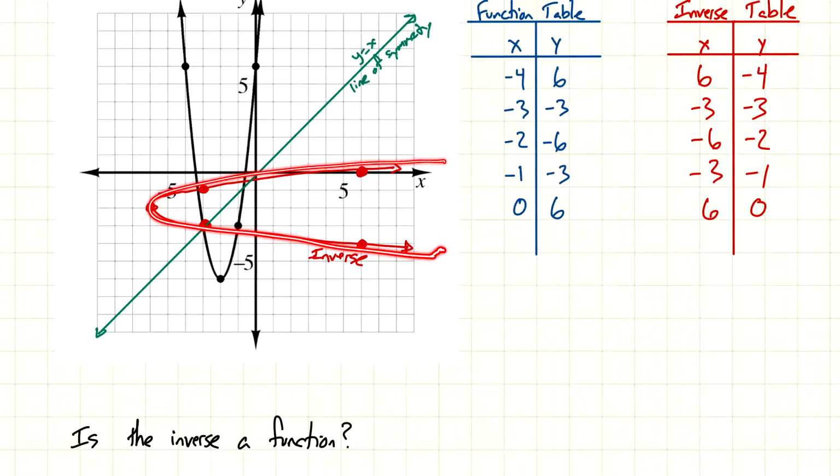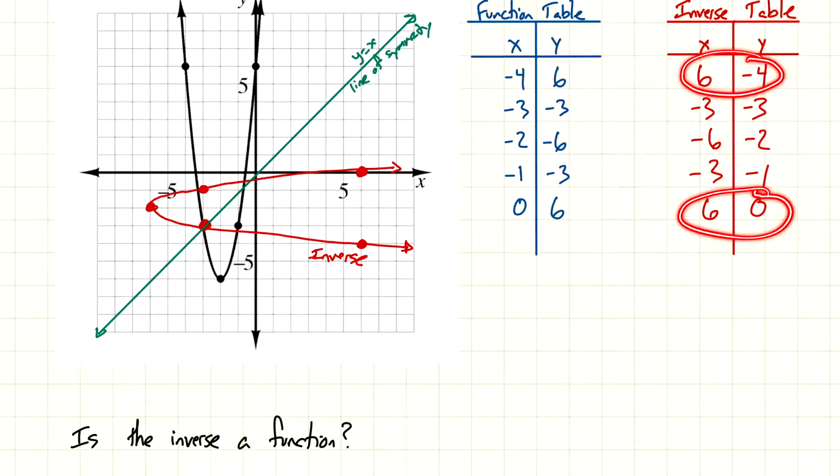Well, if I plug in, for example, a 6, I'm either going to get a 0 or I'm going to get a -4, right? 6 gives me -4 and 6 also gives me 0. That's not how a function works.